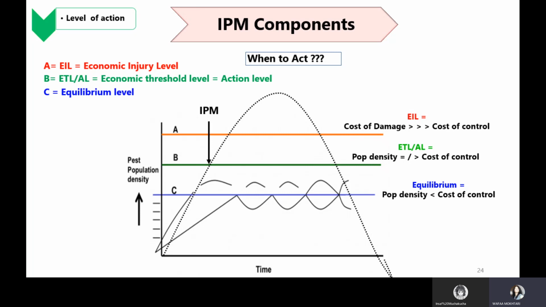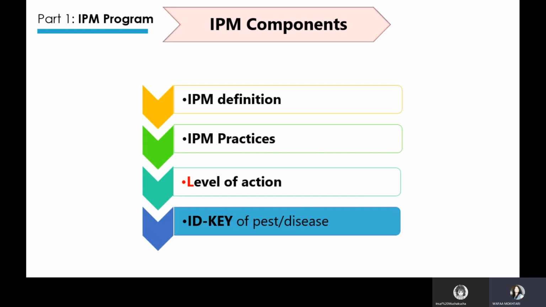This is just information to make sure you know much more about IPM practices, when to act, and the scouting program. Once you have those, in the IPM program, you need the identification key. So you need to know what pests or what diseases or what pathogen you have.